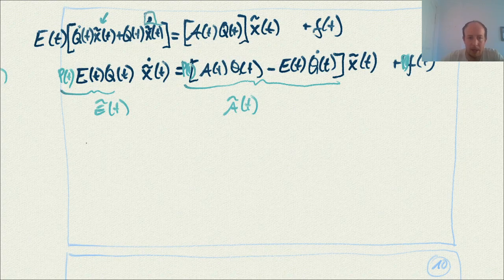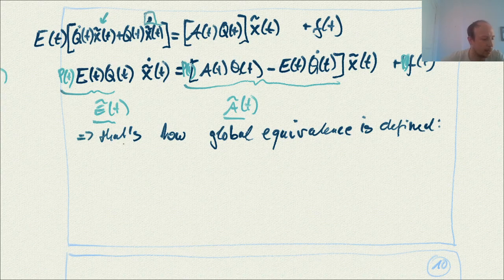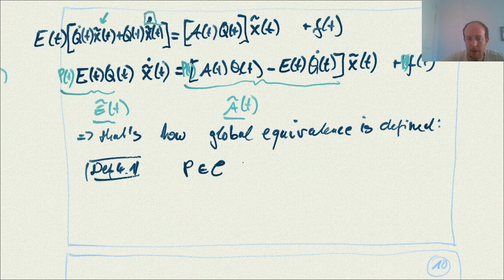And well, that's how global equivalence is defined. And in the script, that's definition 4.1. For that one needs P to be a continuous function.